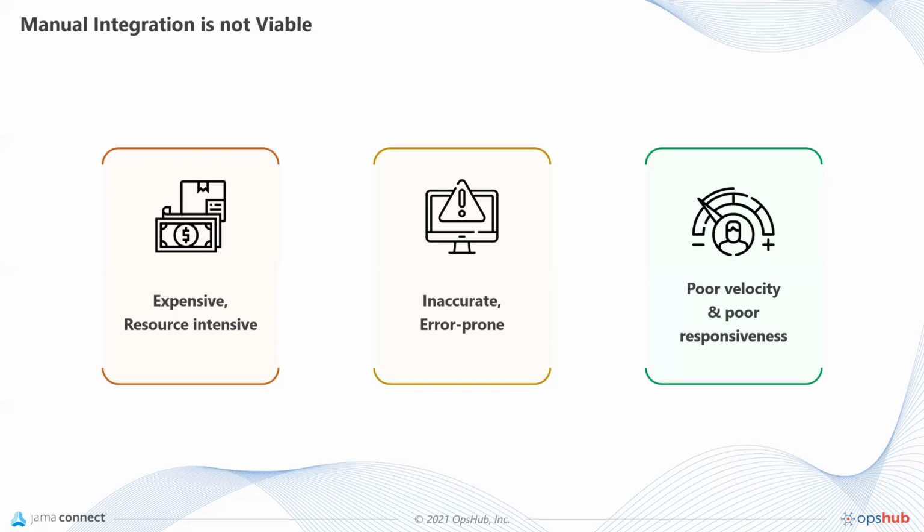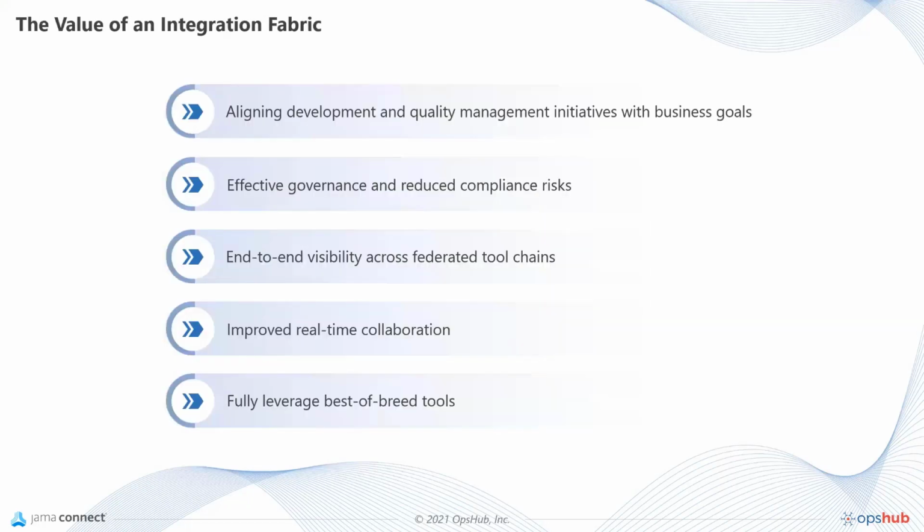So if we look at the flip side of that, Paul's going to take us through the value of a more tightly integrated solution fabric. Thanks, Jeremy. So we've used this term best of breed tools quite a few times already.